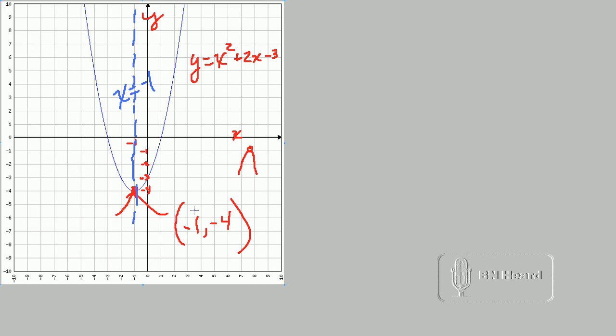Note that it's x equals whatever the x value of the vertex was, but it is the line that splits my graph exactly in half. You notice that you can reflect it either way there, and it's a mirrored image. So the line of symmetry for this particular graph was x equals -1.